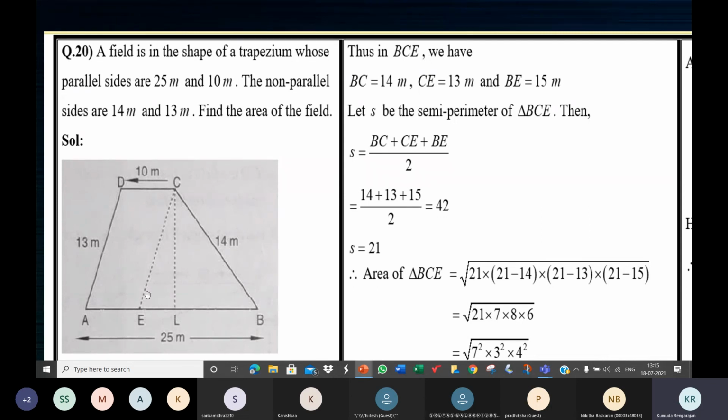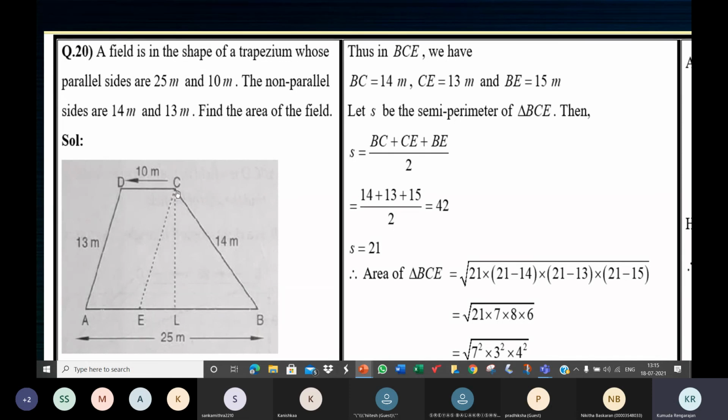And now what is CE? I was trying to tell you this. We divide the trapezium into a parallelogram and a triangle. To divide it into one triangle and one parallelogram, we need to take up this construction.